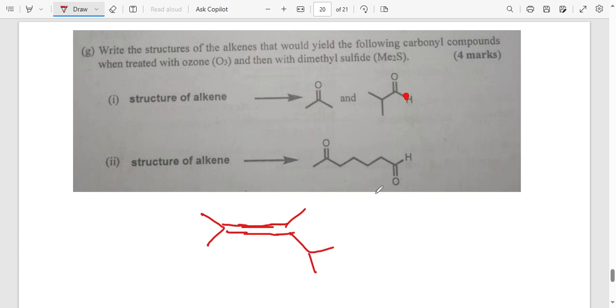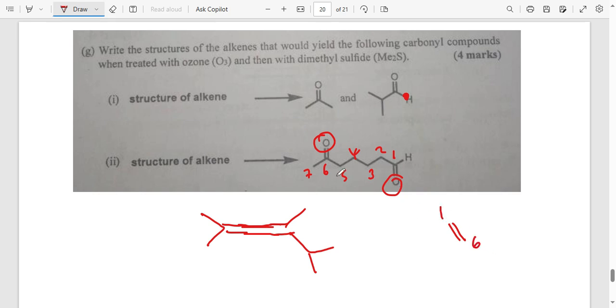For this other one also, look at how many carbons it has. 1, 2, 3, 4, 5, 6, and 7. So where there's the oxygen at 6, remove the oxygen. At 1, remove the oxygen. So 1 and 6 are supposed to attach. So there's a double bond between 1 and 6. So let's say this is a double bond. This is 1. This is the 6.